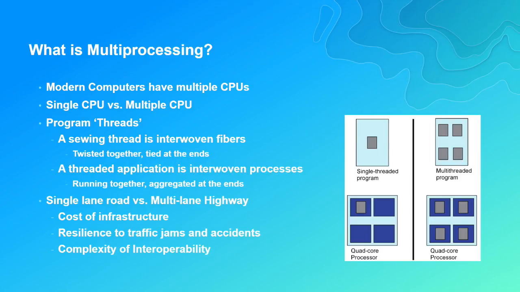I find a good analogy for this, at least in my mind, is to think about road systems and highway systems. And it's an interesting way to segue from GIS into a talk on multiprocessing. I'm originally from Canada. We have a single highway that goes all the way across the country called the Trans-Canada Highway.